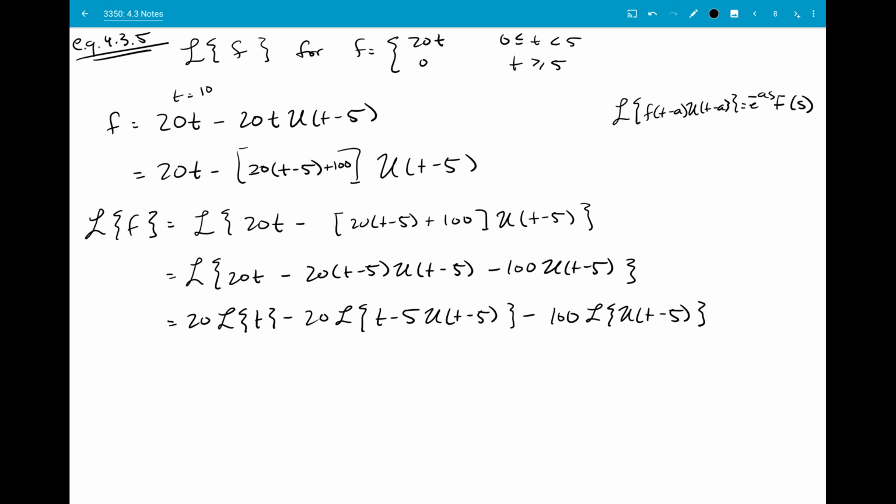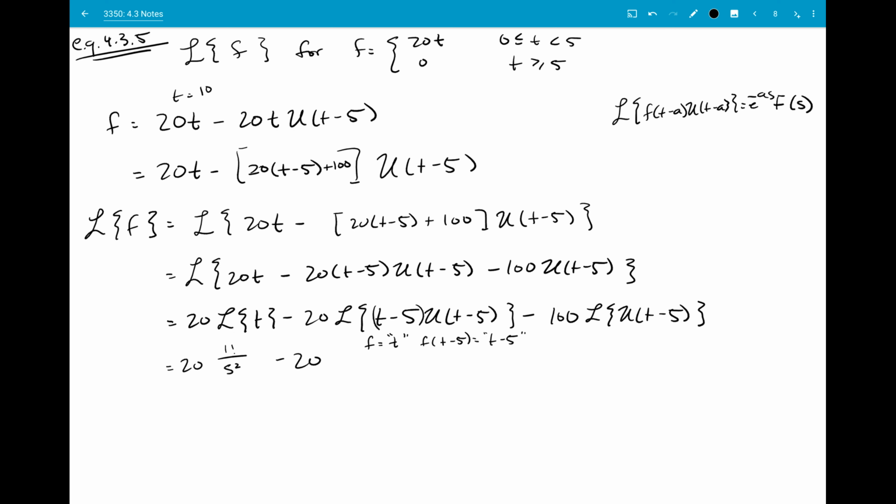Okay, so let's see. My 20 L of t, I don't have to worry about this yet. L of t is just going to give me 1 factorial over s squared. My L of t minus 5, u of t minus 5, now I have to use that property. So my f is t. So f of t minus 5 gives me that t minus 5.